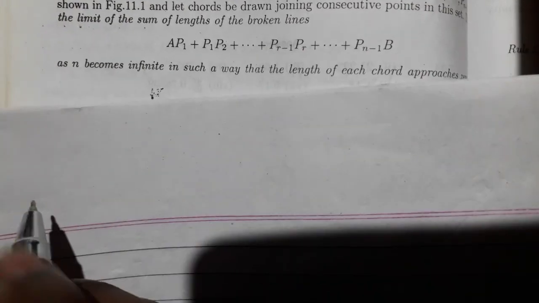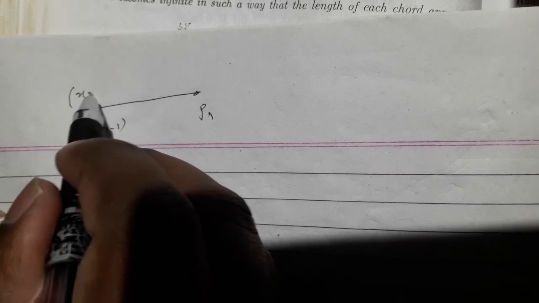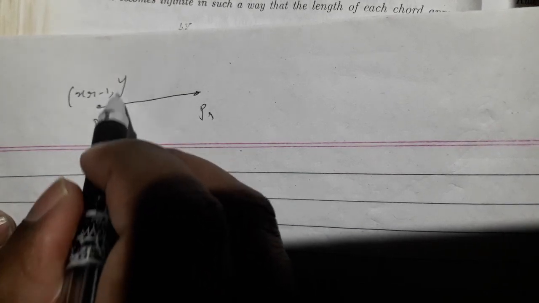Suppose I take a straight line here. This is P(r-1), and this is P(r). I insert a straight line. The coordinates of this point, let me take as (x(r-1), y(r-1)), and the coordinates of this point as (x(r), y(r)).